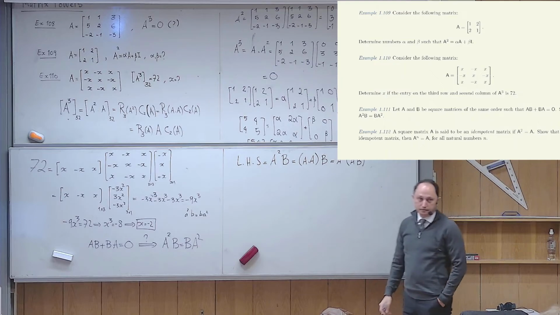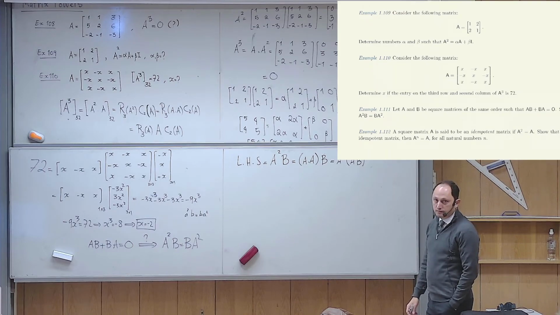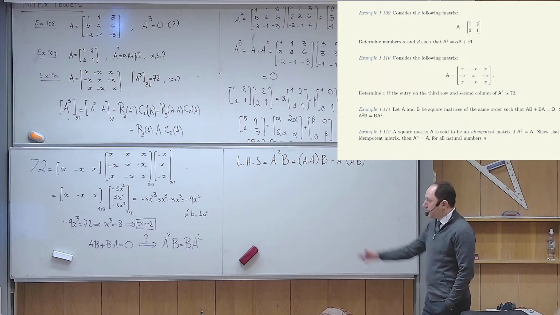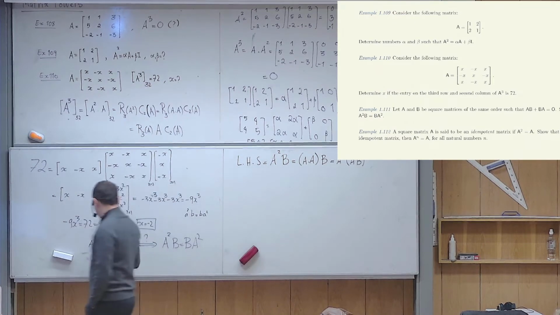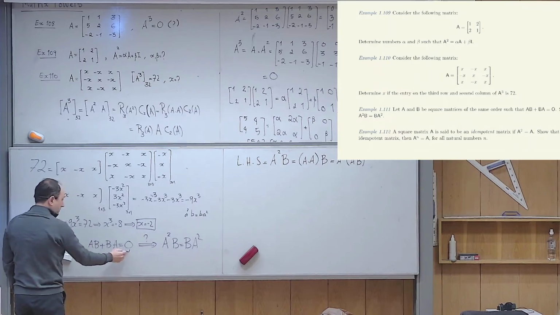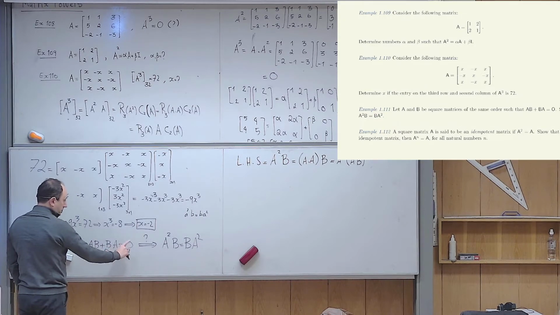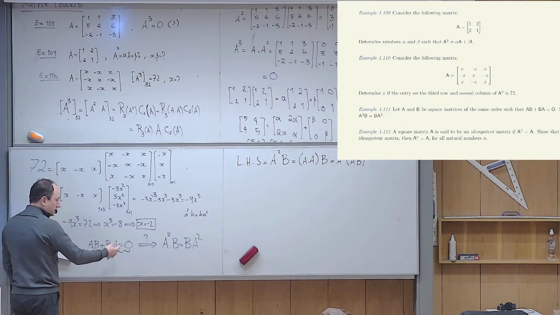Yes? So that's good. Okay, then what? So somehow you need to use this assumption. Okay, so let us understand something about this assumption. If AB plus BA is equal to the zero matrix, we learned that we can move this matrix from the left to the right.